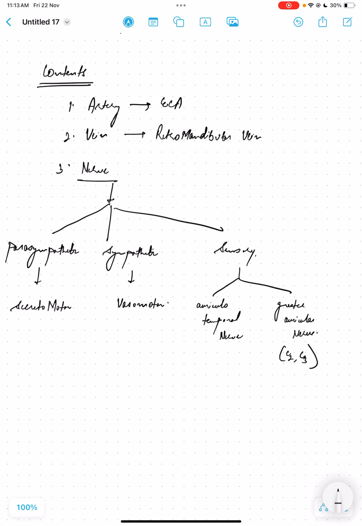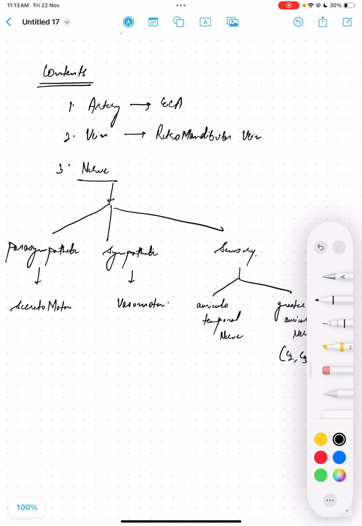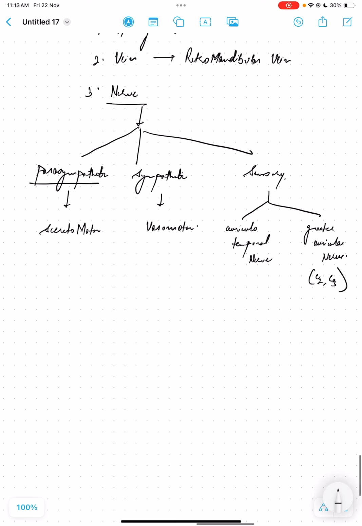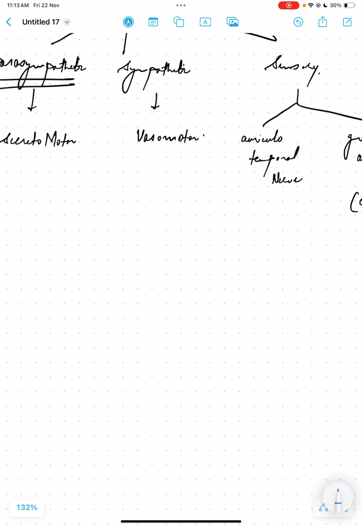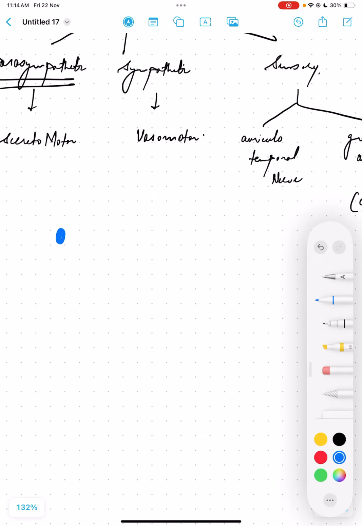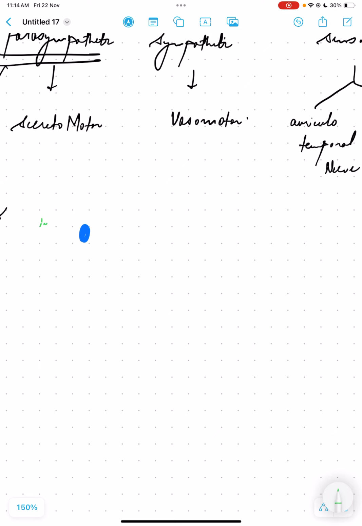So now I will teach you the course of the parasympathetic nerve. Listen to it carefully, it is very important. First of all, it begins with the nucleus, the inferior salivatory nucleus.